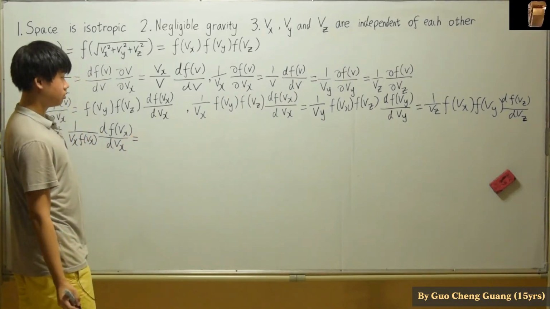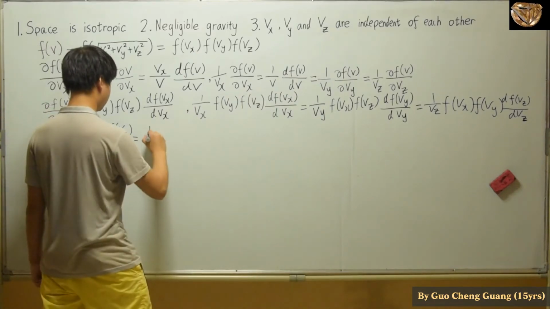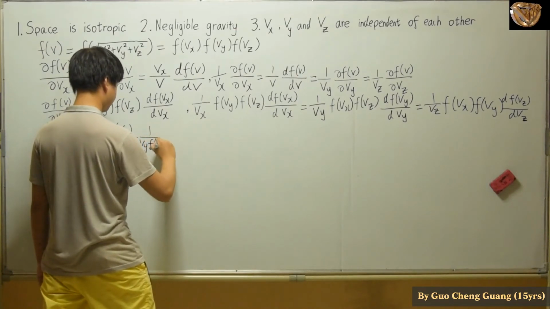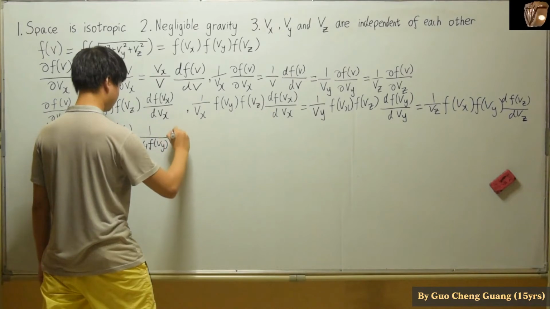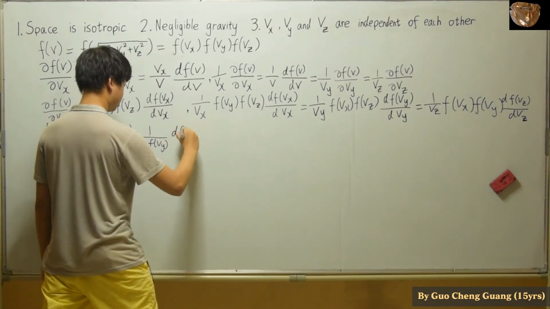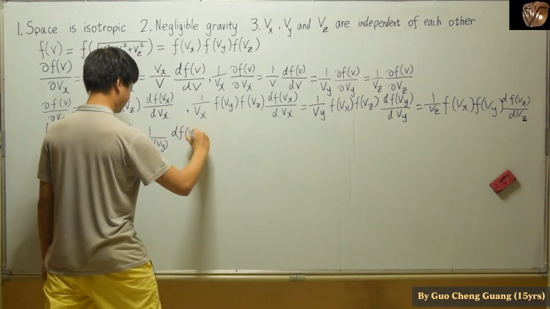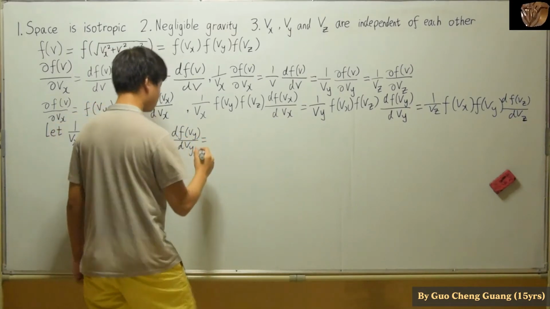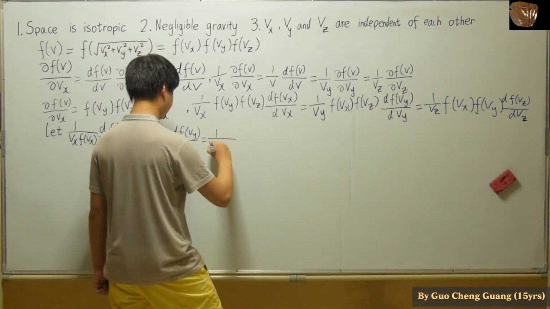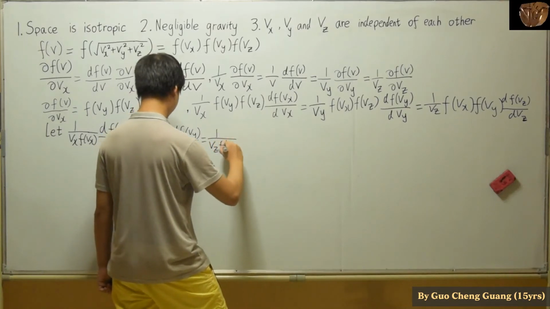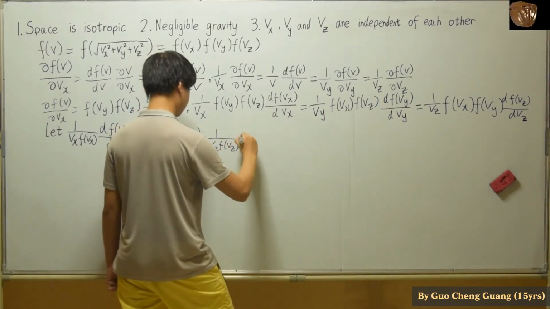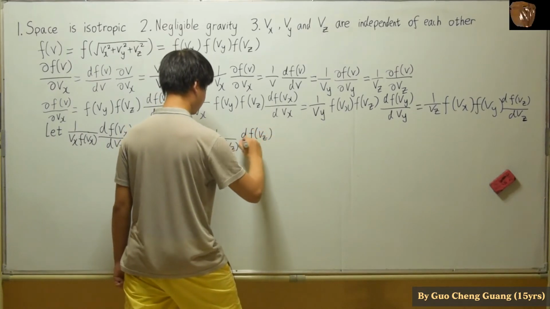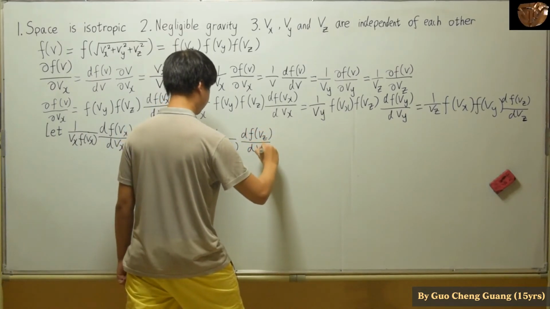So this would be equal to 1 over Vy f(Vy) df(Vy) over dVy, 1 over Vz f(Vz) df(Vz) over dz.